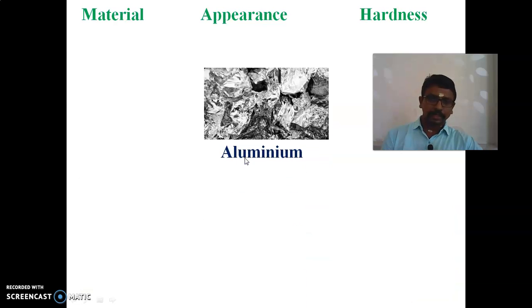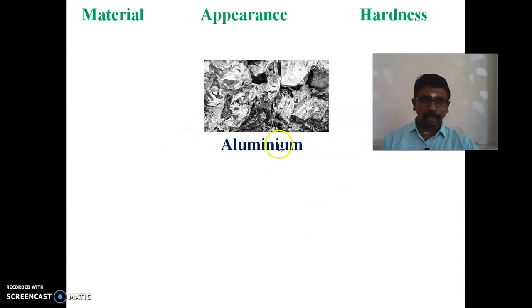And the next material is aluminium. What is the symbol for aluminium, children? Yes, Al. And appearance, how does it look? Is it shiny or dull? Yes, it is shiny. So it has the lustrous property.